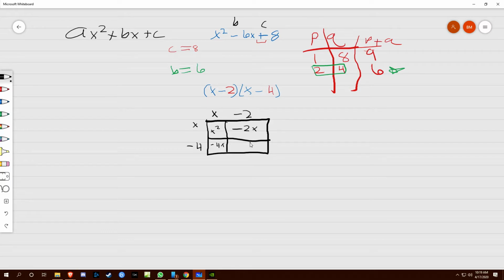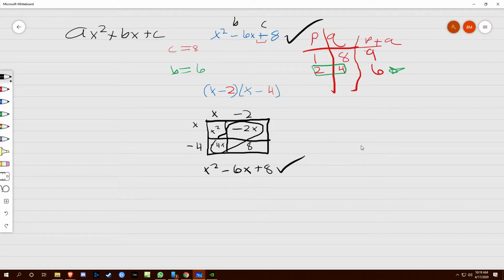Negative 4 and negative 2 is going to be a positive 8. I can then combine diagonally. So I'd have x squared minus 6x plus 8, which is the same thing I had above.